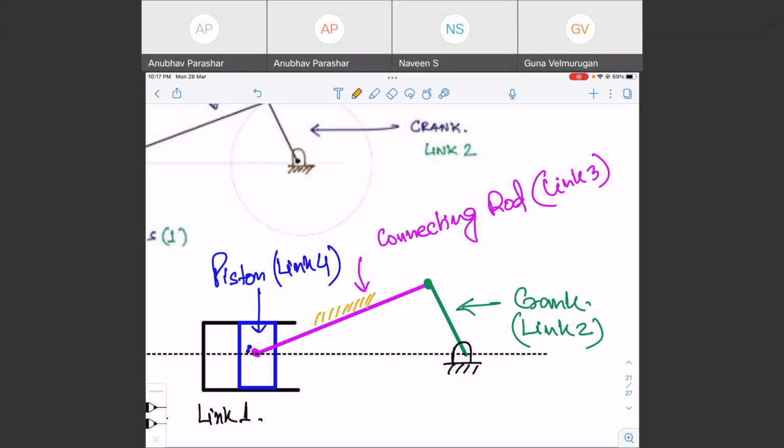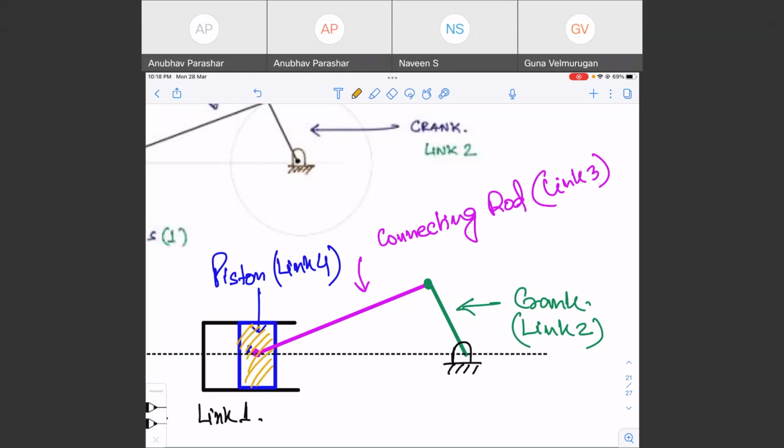I'll have different mechanisms. I can fix the cylinder, I'll have different mechanism, right? Or I can fix the piston, and I'll have different mechanism, right?